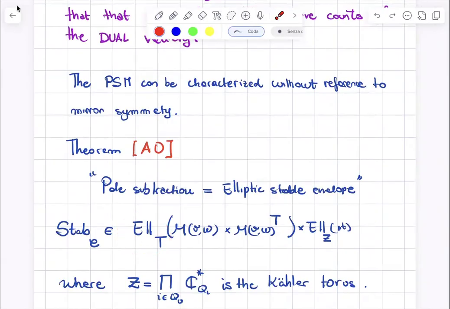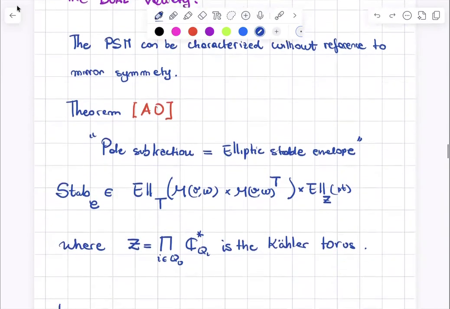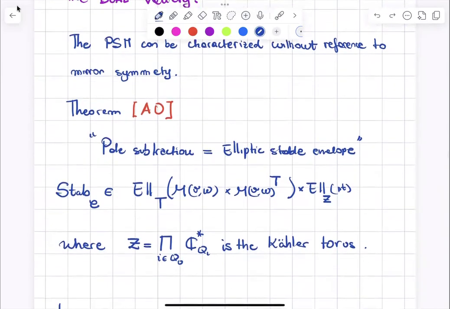Sadly, there's no time to discuss the details of this construction, but you can think of this as some kind of upgrade to elliptic cohomology of some kind of Lagrangian correspondence in singular cohomology or equivariant theory.